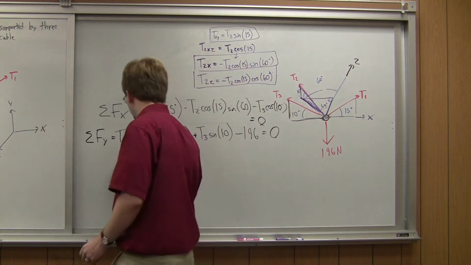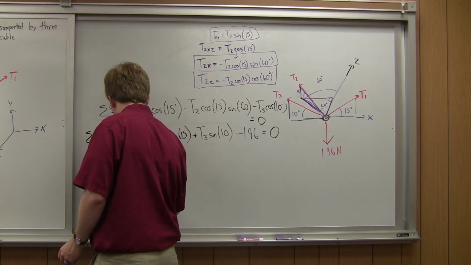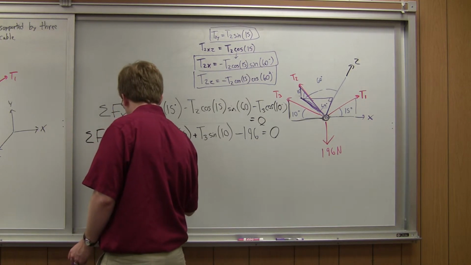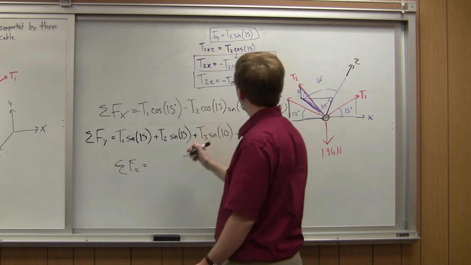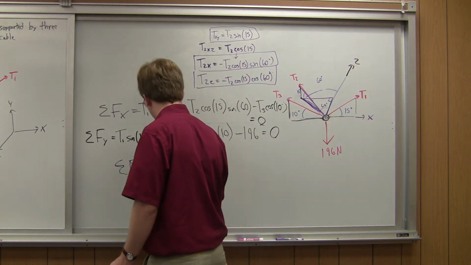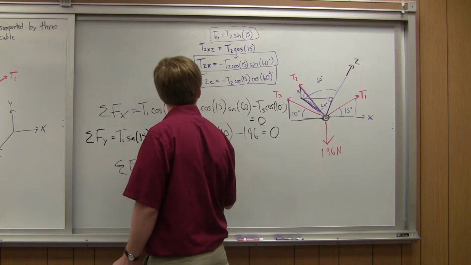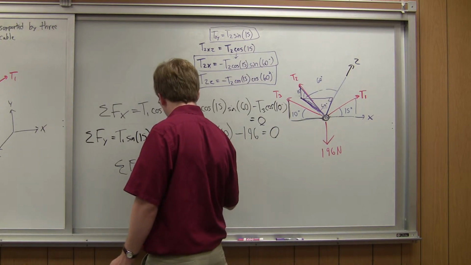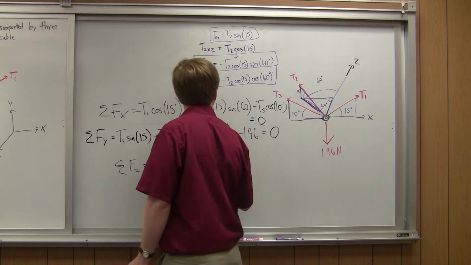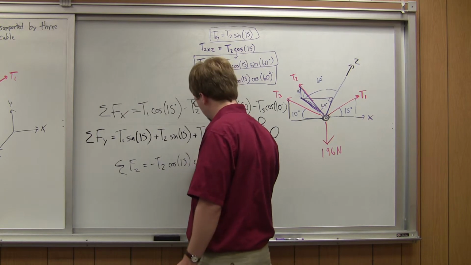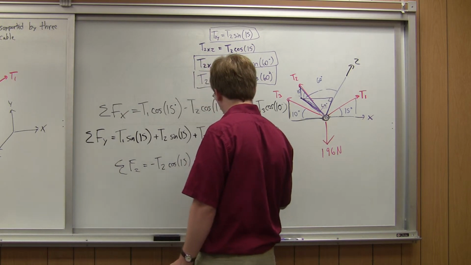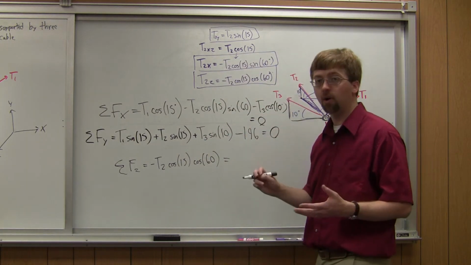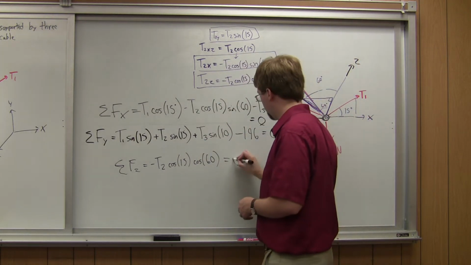And so sum of forces in the z direction is going to be equal to negative T2 times the cosine of 15 times the cosine of 60. And we know that has to be equal to 0 because this is an equilibrium.